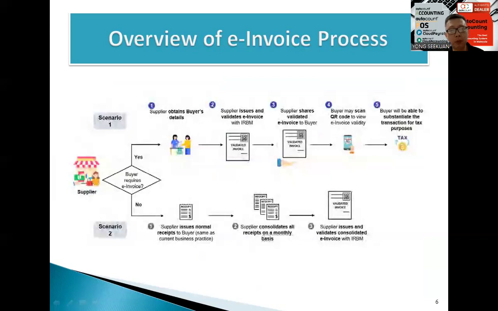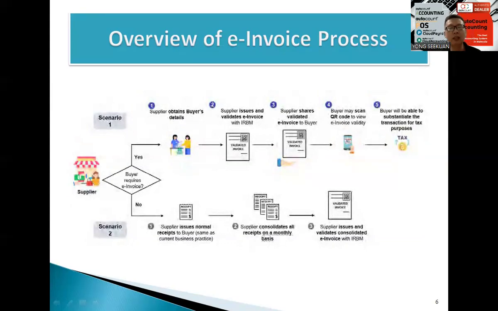When you implement e-invoicing, basically you will face two scenarios. One scenario is when your customer requests this e-invoice. So scenario 1 is yes. The second scenario is maybe the buyer doesn't want to request the e-invoice. Later I will give you the example.